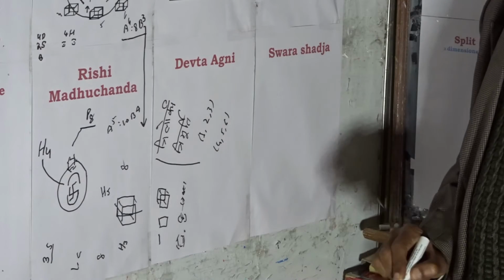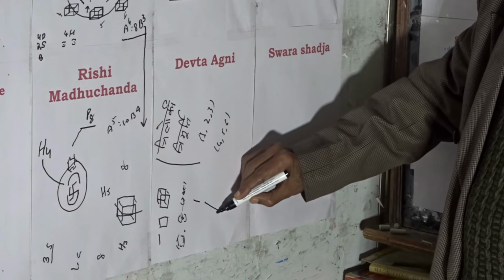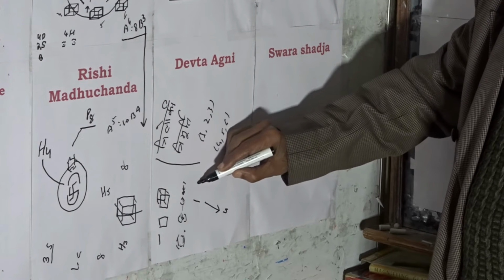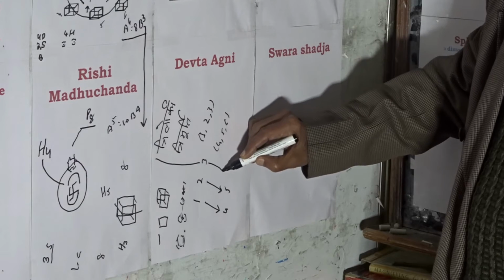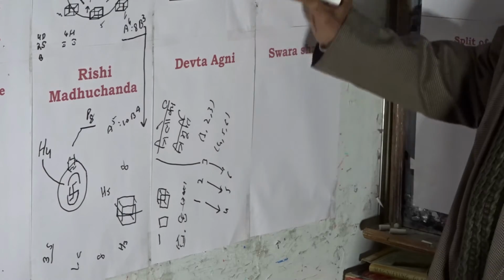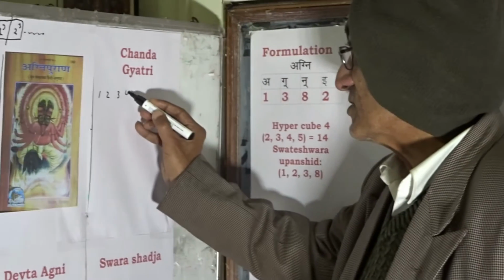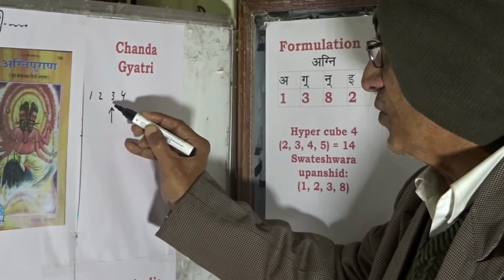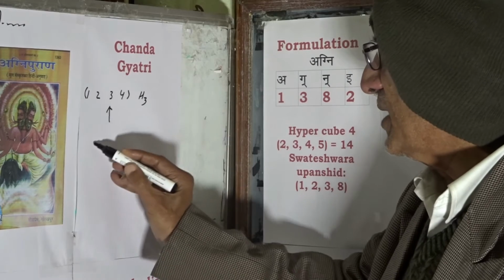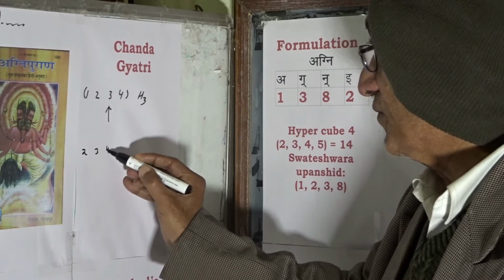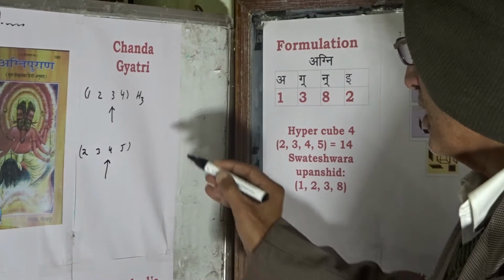It is this reach which would mean we have to reach from 1 to value 4, 2 to value 5, 3 to value 6. And we know this 1 to 4, 1, 2, 3 and 4 is essentially a fourfold manifestation layer of hypercube 3. And 2, 3, 4 and 5 takes us to a hypercube 4.